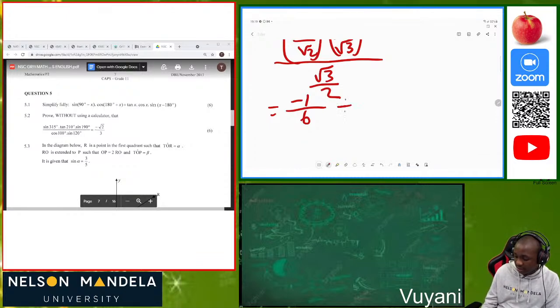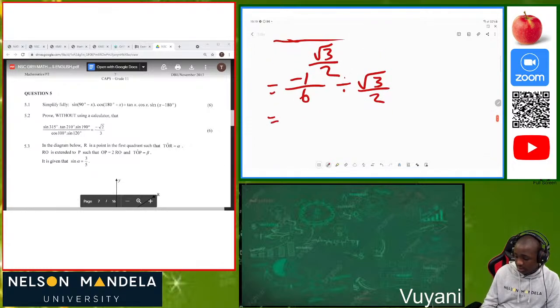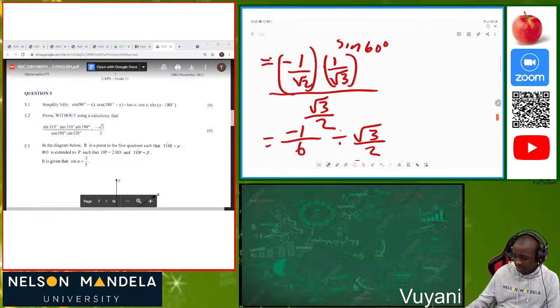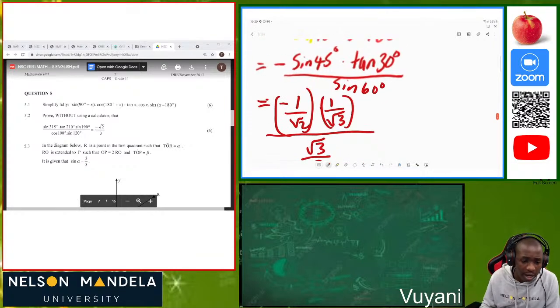Then dividing by root 3 over 2 is the same as negative 1 over 6, then times 2 over root 3. Am I right? Yes, I think I am right.